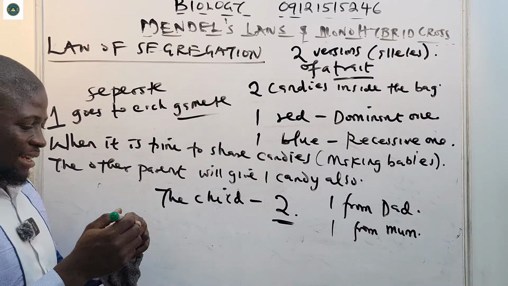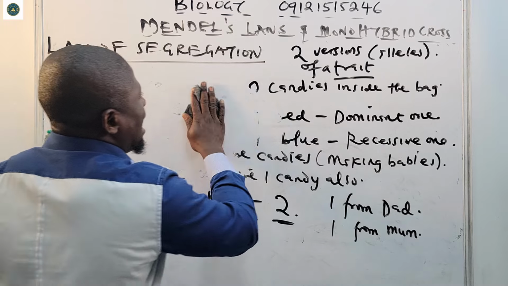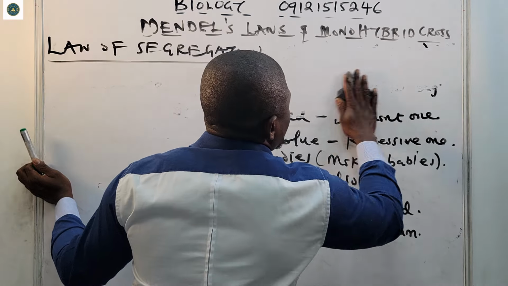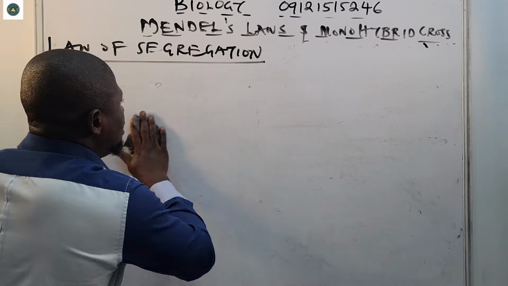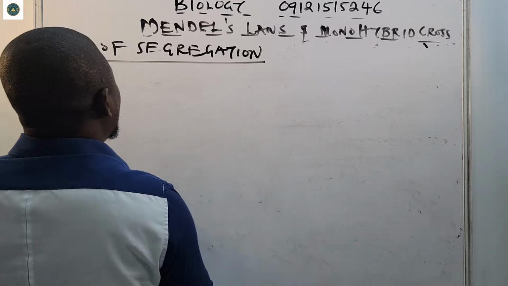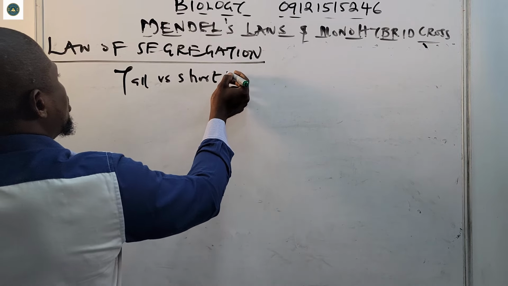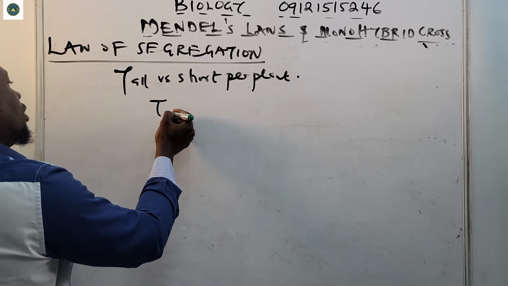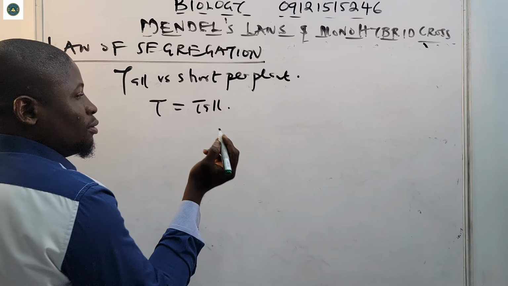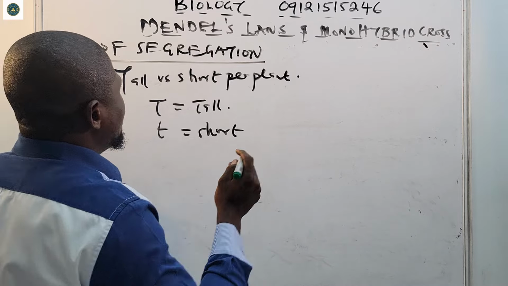Now let us see an example using the tall and short pea plant. We know that T is for tall, which is the dominant one, and small t is for the short, which is the recessive one.